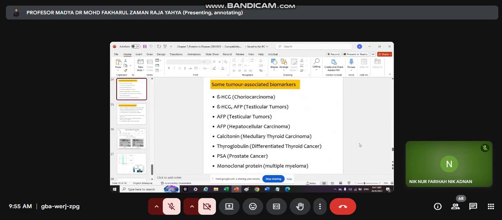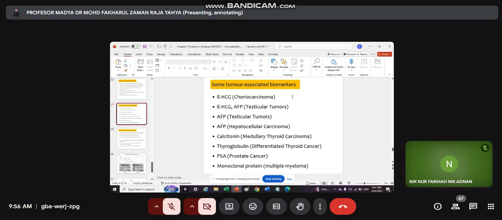Okay, any question regarding biomarker? Yeah, regarding examples of biomarker, you can read on your own. Too many biomarkers actually, so we just limit the biomarkers to those related to testicular tumors, hepatocellular carcinoma, and others.